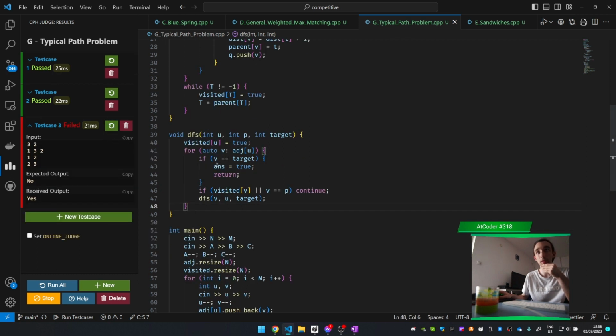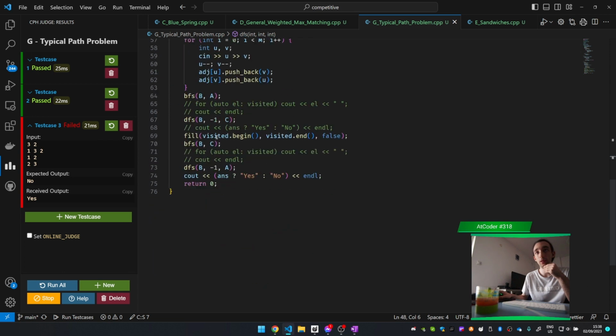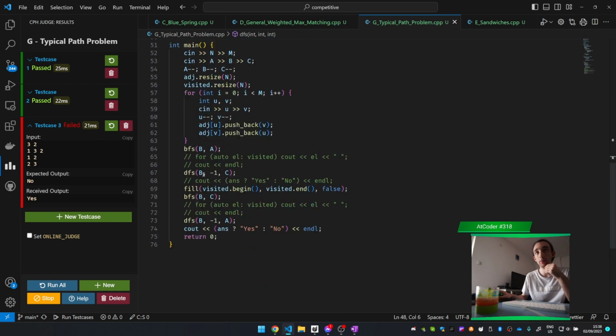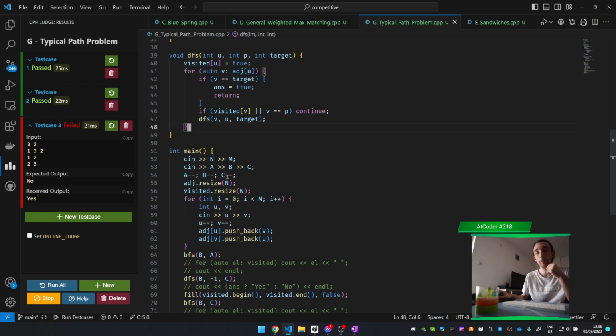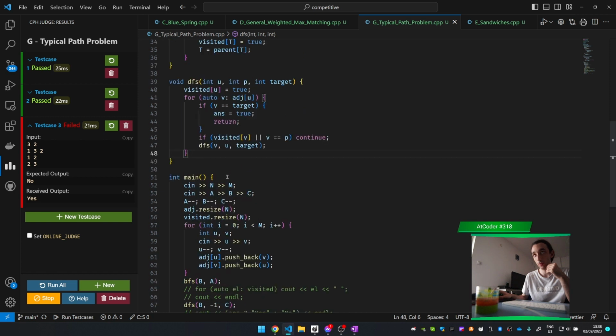V equals the target, but V is what sent from B to C. From B, it's 3, and then you cannot send it.